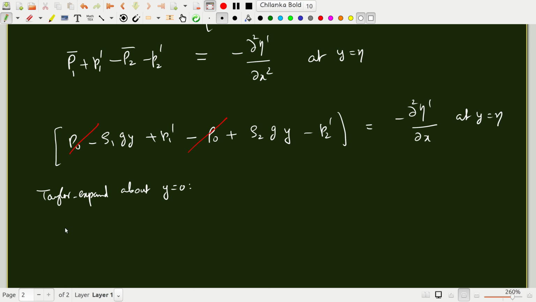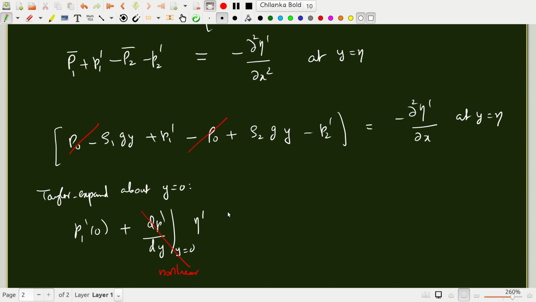Now let's Taylor expand about y equal to 0. P1 prime is P1 prime at 0, and the next term, plus dP1 prime by dy at y equal to 0 times eta prime, is a nonlinear term, so it's not present in a linear stability analysis. Now this term has to be Taylor expanded again. It's already linear if I put y equal to eta prime, but if you had something more complex, a nonlinear term, you may have to Taylor expand.